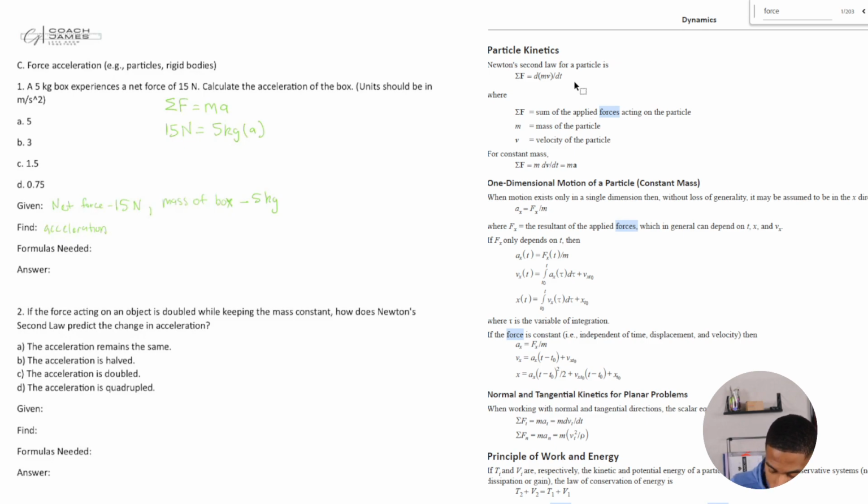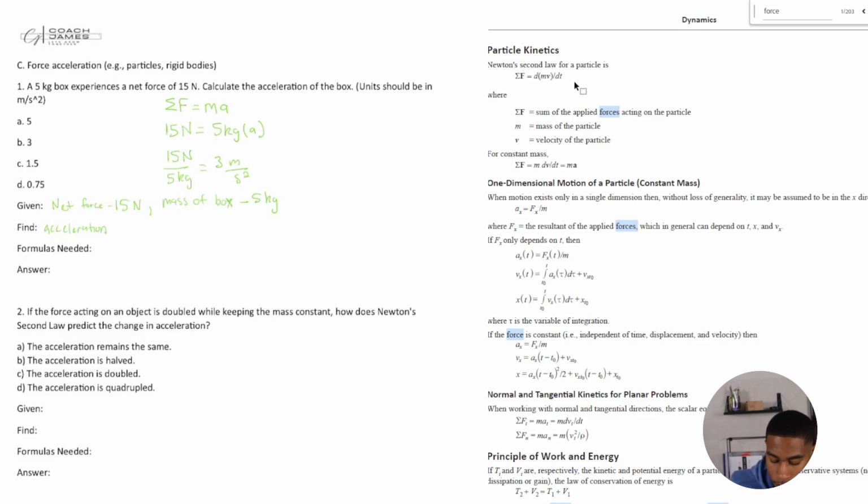So 15 newtons divided by 5 kg is equal to 3 meters per second squared.